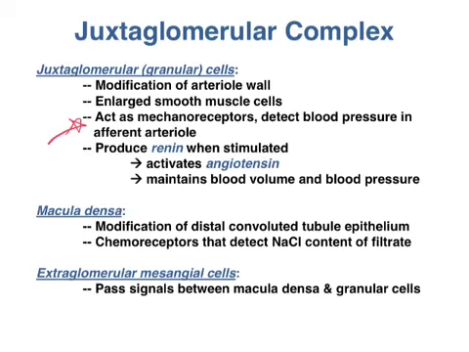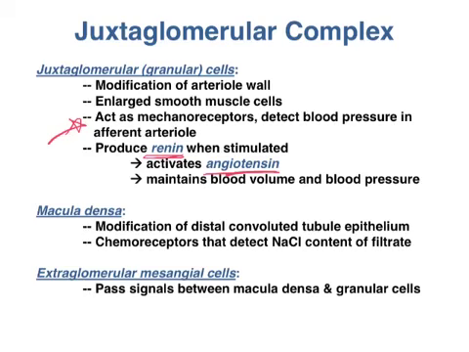And when they're stimulated, they produce a molecule called renin, which activates another molecule called angiotensin. And we'll come back to this renin-angiotensin pathway. It's very, very critical in maintaining blood volume and maintaining blood pressure.